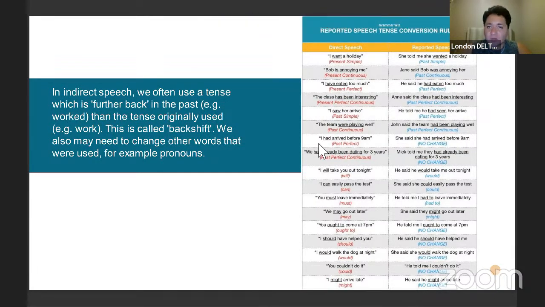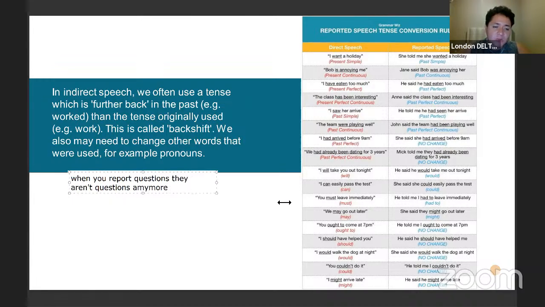Esa es una regla que tenemos que tener muy en mente. When you report questions, they aren't questions anymore.